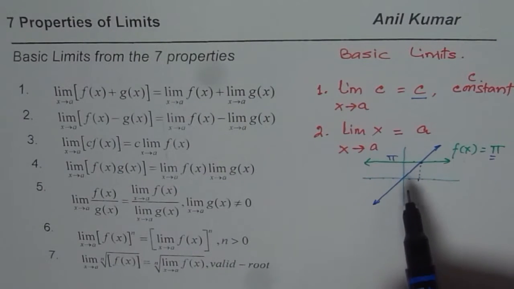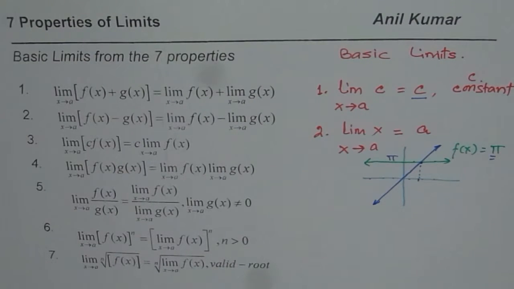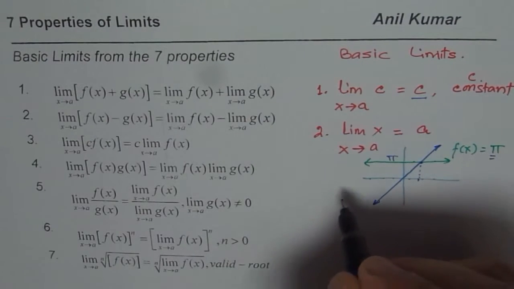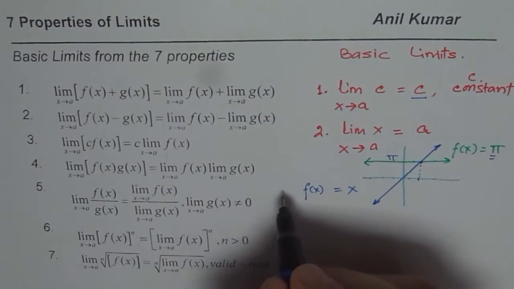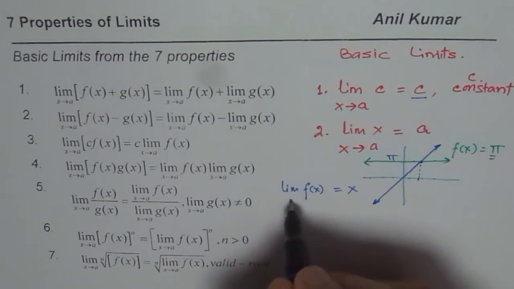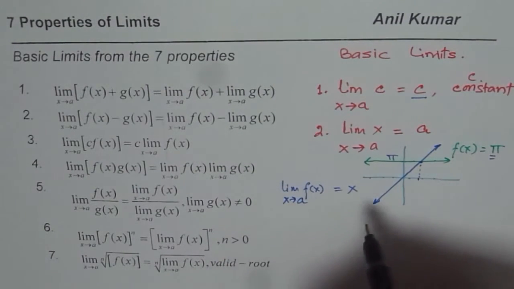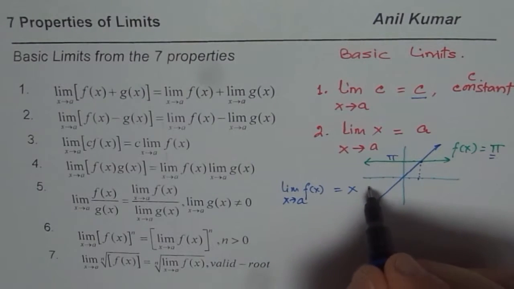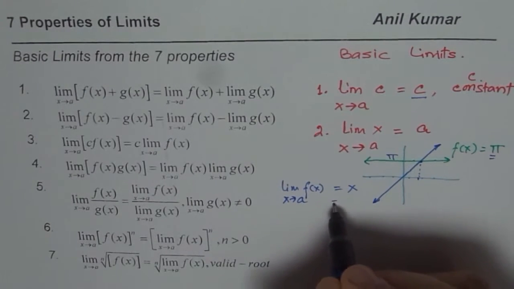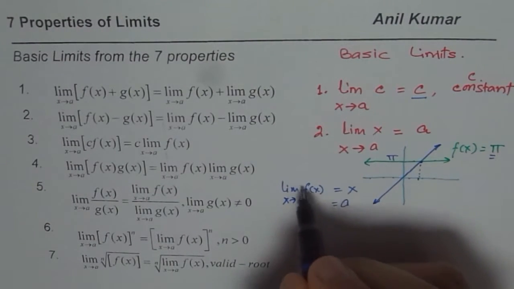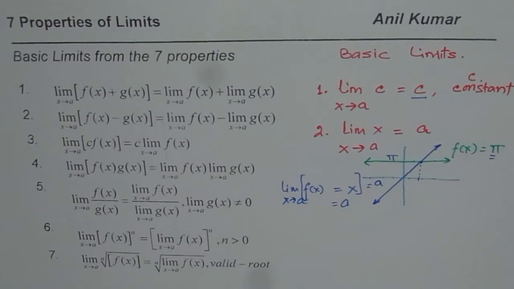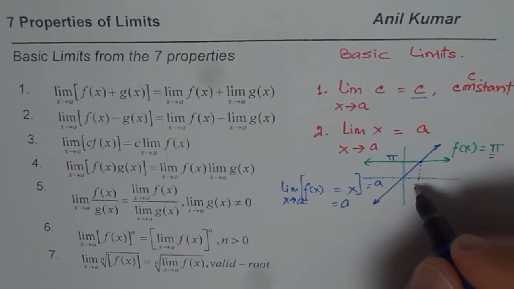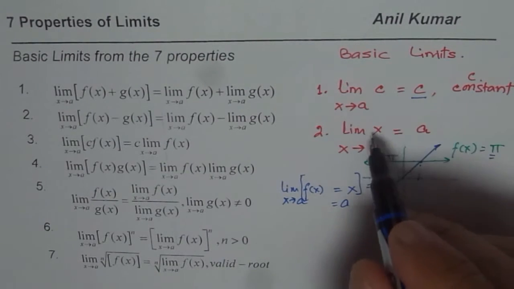Here the function is f of x equals x. The limit of this function as x approaches any value a is equal to a. If f of x equals x, then the limit is a, the value which you are approaching. That is our second basic limit.